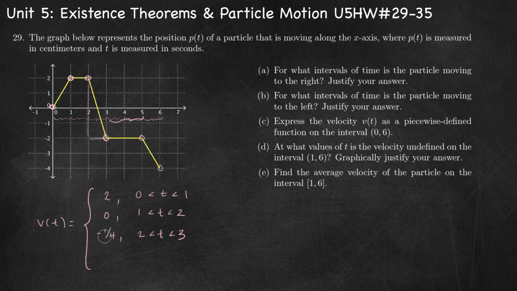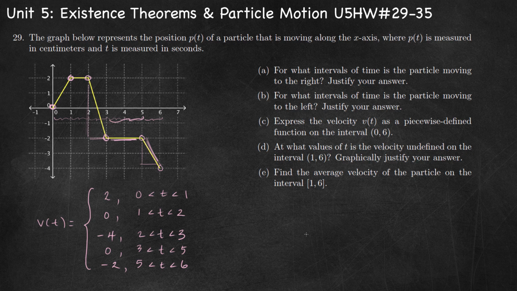That's not negative 1/4, that's negative 4. Okay, and then my slope between 3 and 5 is 0. And finally, between 5 and 6, the slope there is down 2 over 1, so negative 2. Okay, there's my piecewise function for velocity.